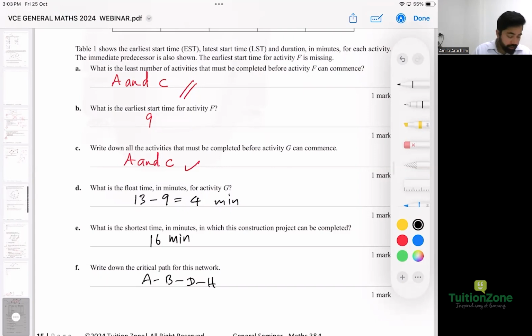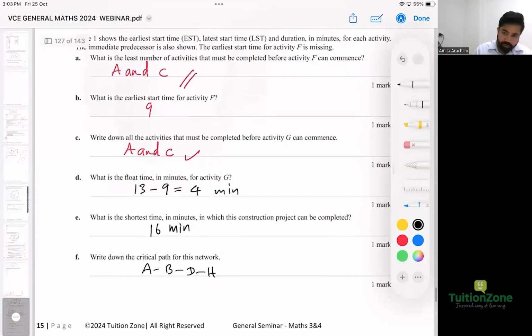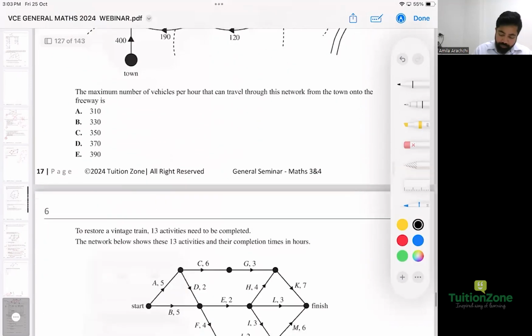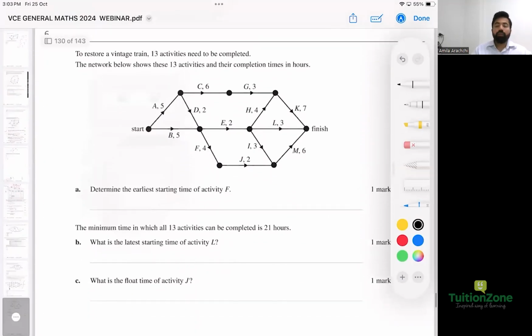We will try. Let's see. Question number 6, which is this one. I'll let you do it.